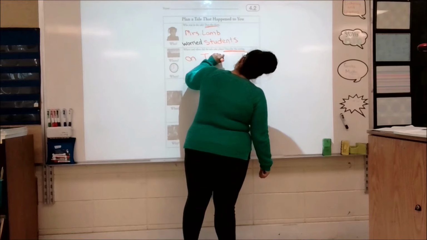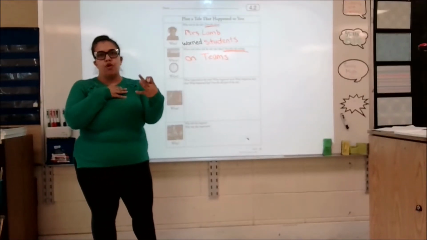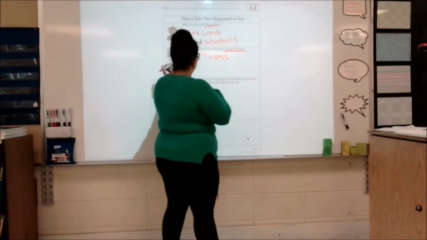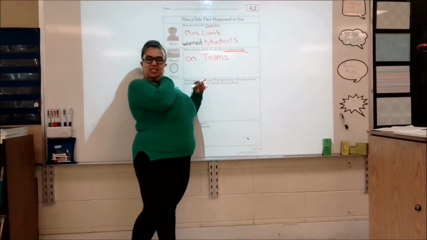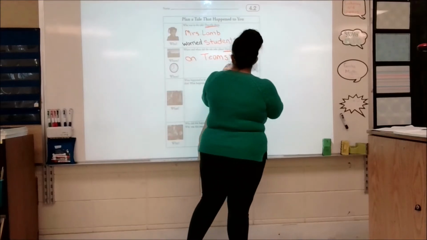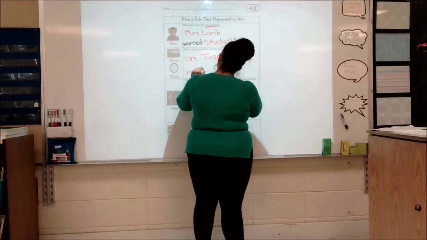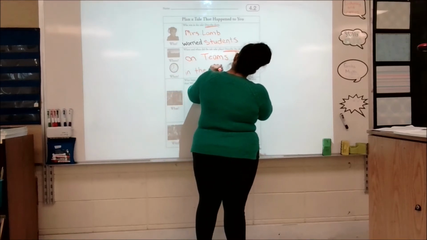We're going to put a capital T because that's the name of the specific calling program we use. So on Teams. What season? Was summer? I think fall. Summer, fall afternoon. So on Teams in the afternoon.